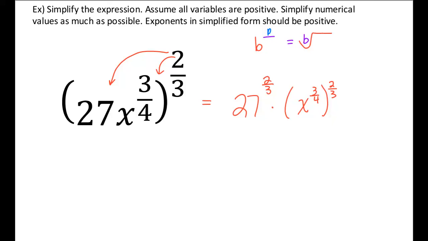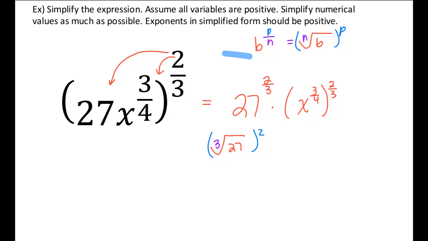So this is the nth root of b raised to the power of p. Right? So I'm going to take the denominator, and that's going to be my root. So this is going to be the cube root of 27 raised to the power of 2. Okay? My numerator becomes the exponent, and then the denominator is your index, your root.